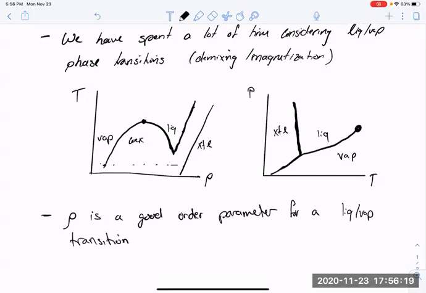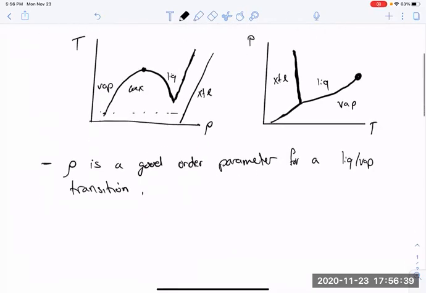A liquid vapor transition is a Z2 symmetry breaking, a particle hole symmetry breaking. The density essentially reflects that particle hole symmetry. What would be the analogous order parameter? What would be the number I would need to tell you in order to differentiate, say, a liquid from a solid, or to act as an order parameter for the liquid solid transition?